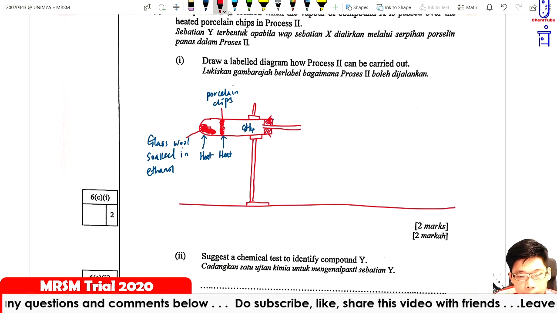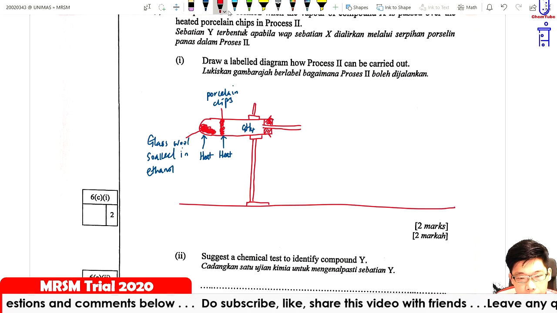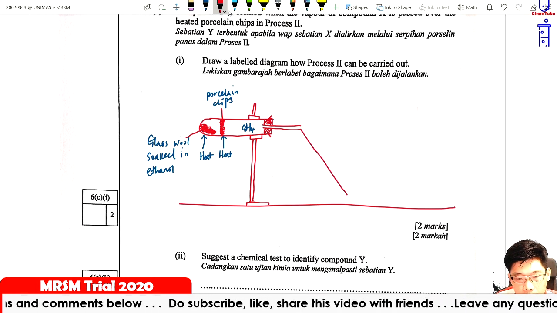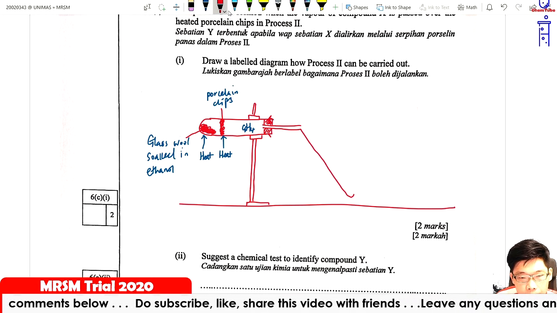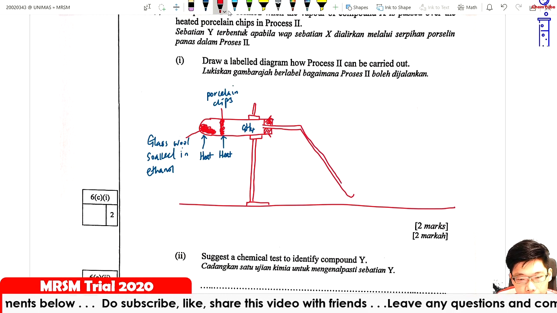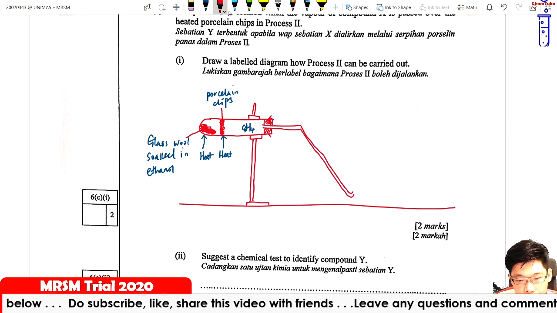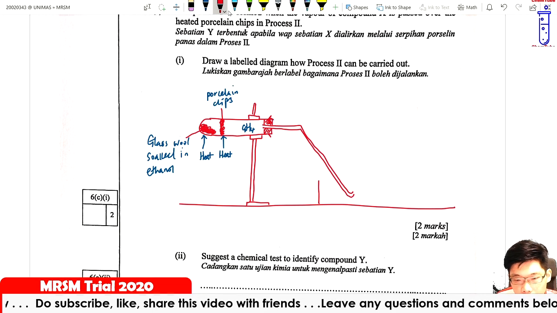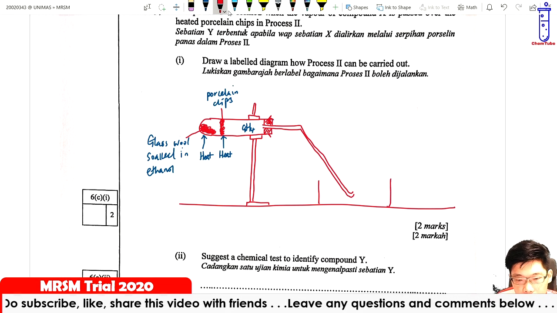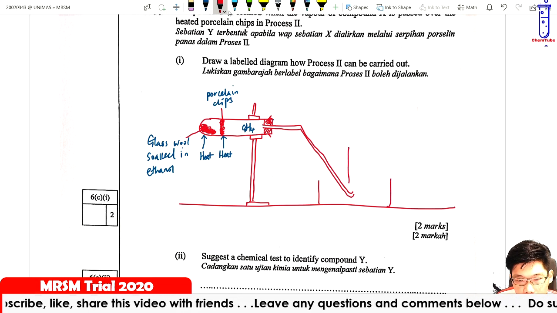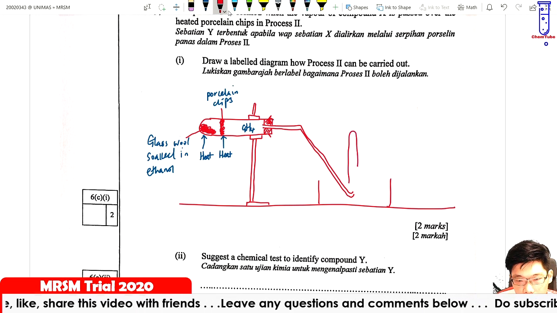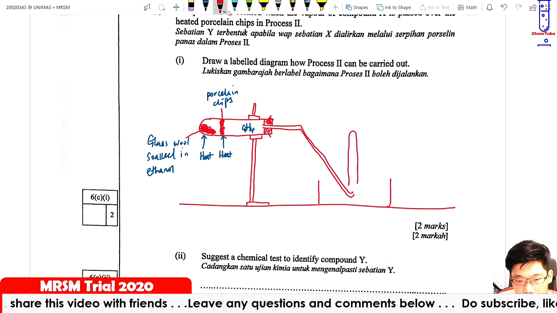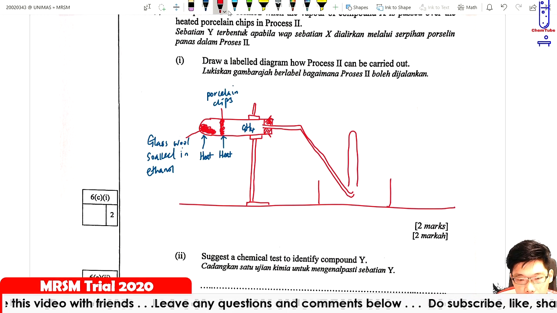Then it flows into the basin filled with water. Then the tube can be put like this.